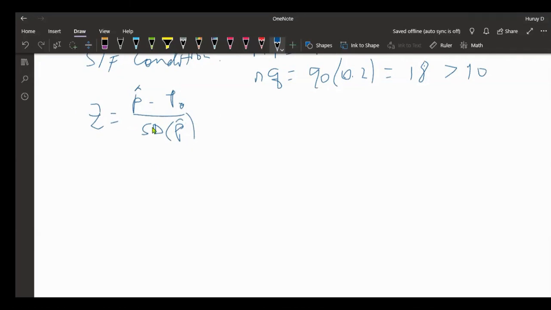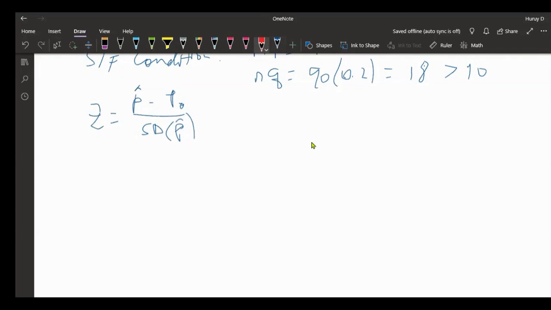Therefore, you have to pick one of them, either the Z or the T. So always remember, if it is about proportion, use Z. If it is about mean, use T.